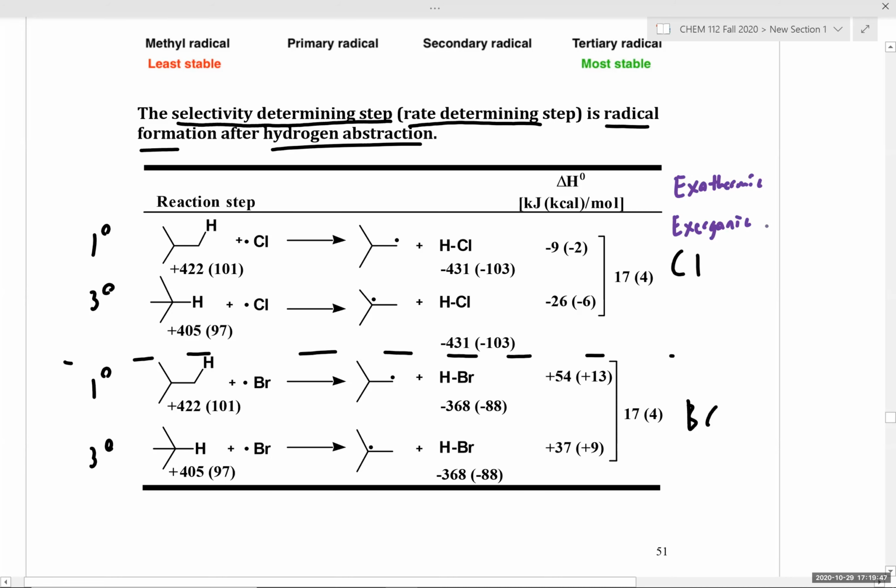So we can likely estimate from these enthalpies that our Gibbs energy of reaction is going to be less than 0. If we look at bromination, are these steps endothermic or endergonic, or exothermic, exergonic? For bromination, it's endergonic, exactly right.